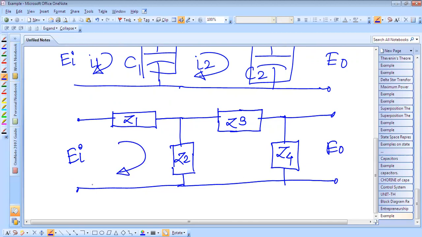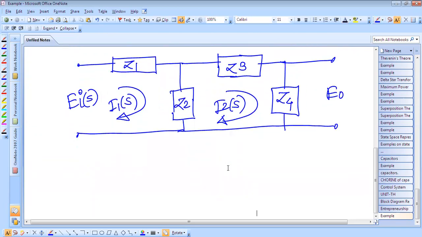So if you take the transform of the above circuit, this is I1 of S. This is I2 of S. Okay. So now there are two loops.